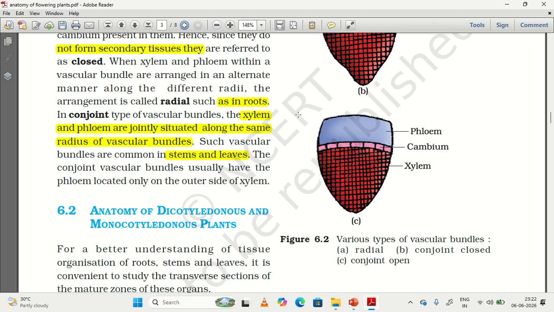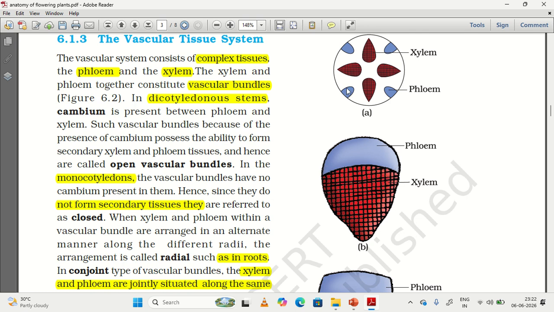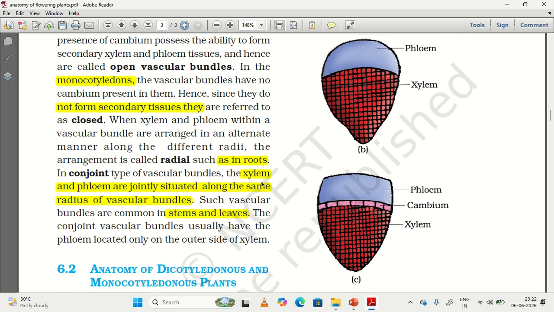Okay, if the xylem and the phloem are present in an alternate manner along different radii, we call such an arrangement radial type of vascular bundle, which can be seen in roots. R for radius, R for roots. Okay, remember it that way. And in conjoint type, xylem and phloem are jointly situated along the same radius.